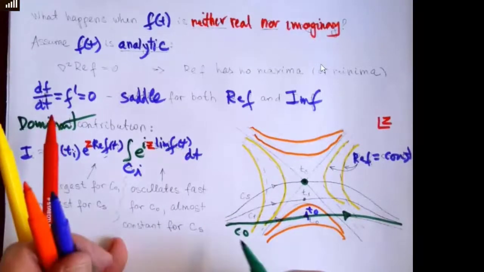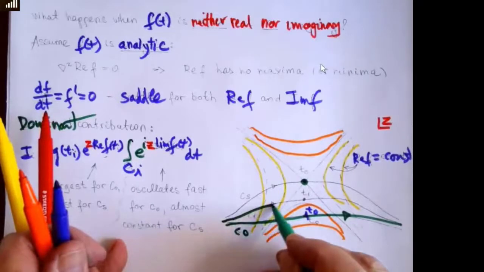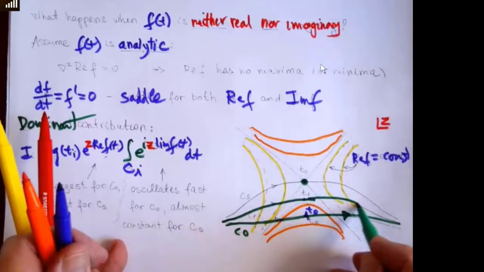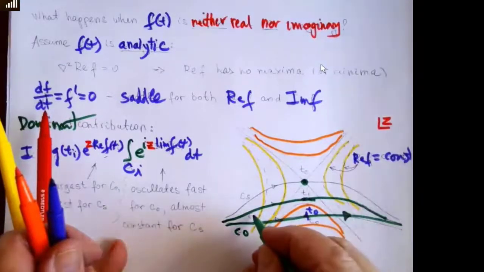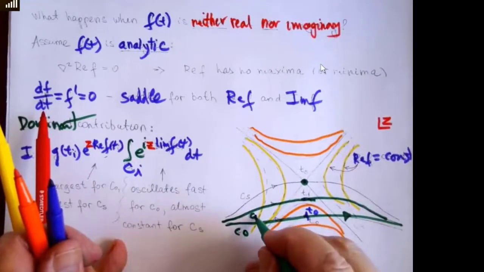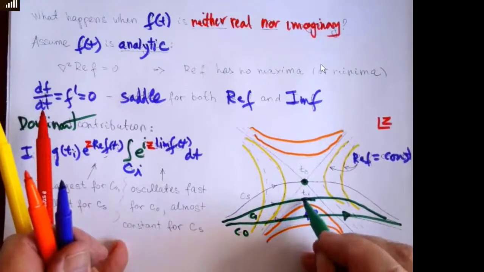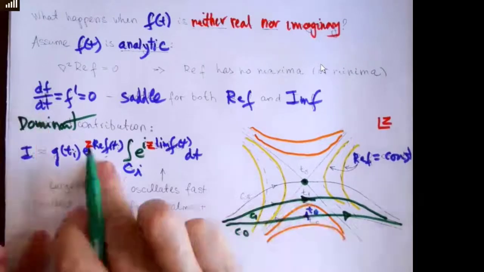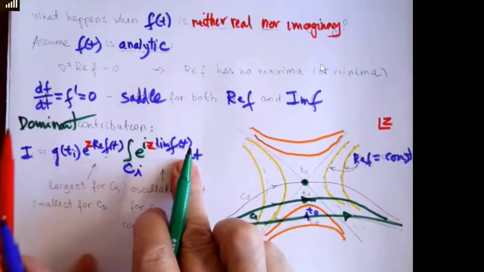So what you do is you deform the contour and make it go a little bit further down toward the ridge. And this gets to be smaller, but this oscillates less.